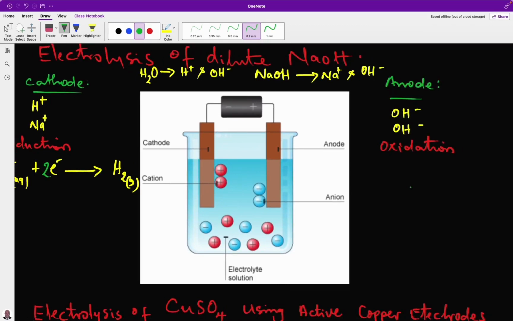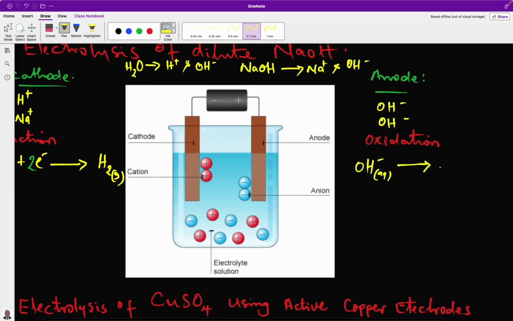So OH at the anode is going to do what? Is going to undergo loss of electron. So this is what happens. The OH loses an electron to get a molecule of water.